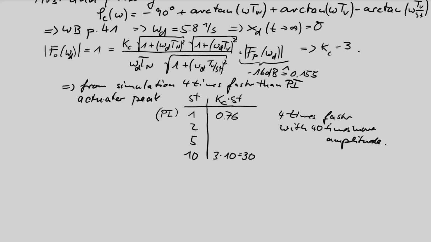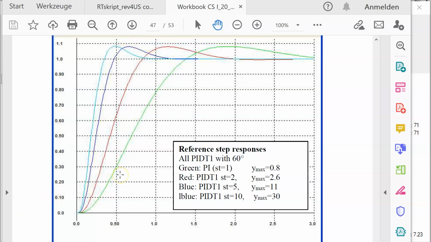I show you a picture in a workbook where I have calculated for step depths 2 and 5 to see this inefficiency of amplitude increase compared with the speed increase. Here you can see the simulation of the reference step response of our 4PT1 system, all with a PIDT1 controller, all with 60 degrees phase margin, but the only parameter which is changed is the step depth.